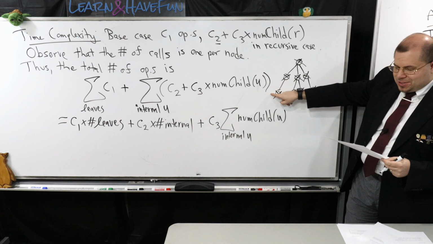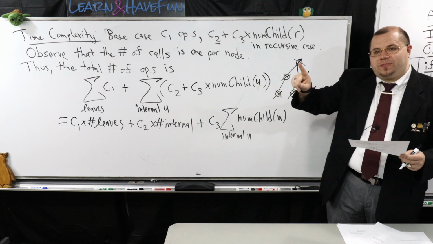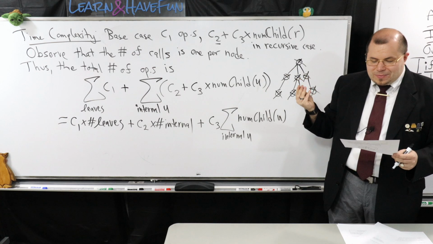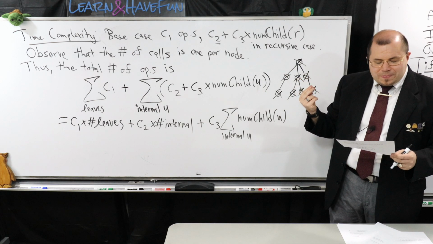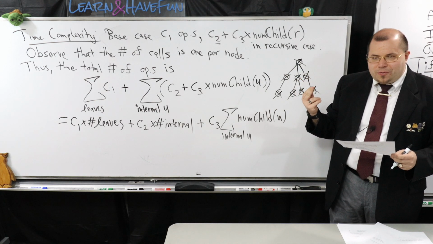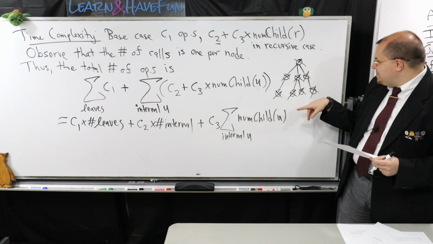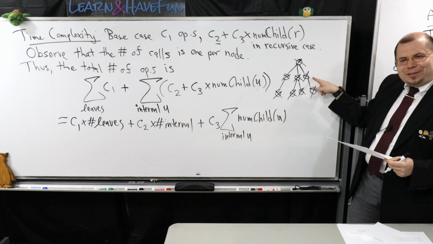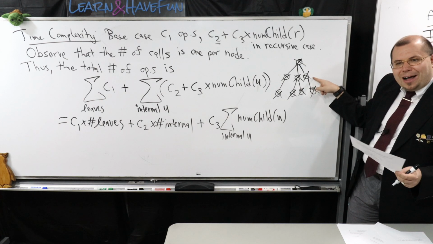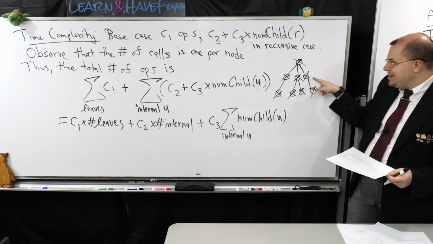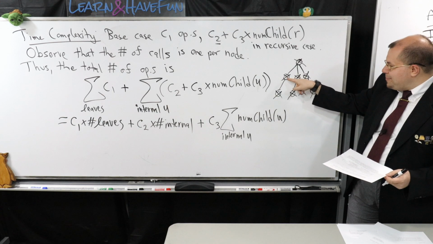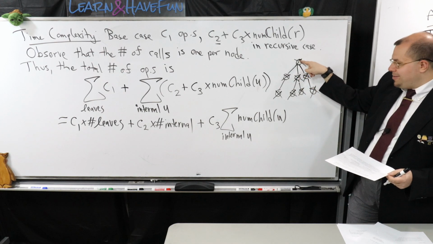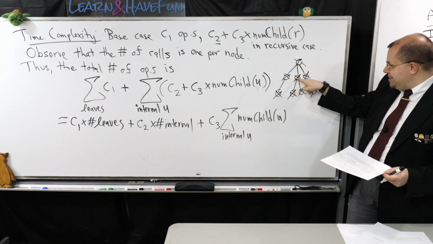So when I do a recursive call, I do it over all the children, right? Do you remember I told you something about how we can count the edges versus the nodes? So notice that when I make a recursive call on each of my children, say, for example, I'm right here at the root, and I make each one of these calls here.